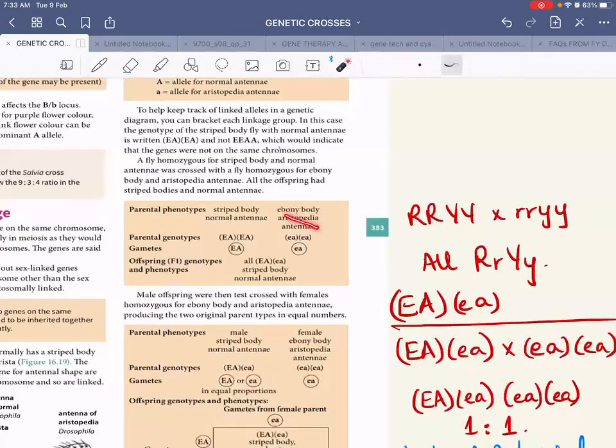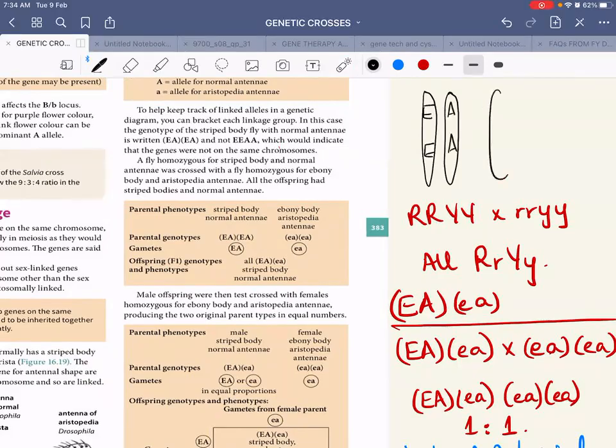And on the left hand side, you see the same cross between two pairs of contrasting characteristics. But here, instead of writing capital E, capital E, capital A, capital A, we have written capital E, capital A, and capital E, capital A, meaning that on one chromosome like this, if I draw a chromosome, and if I say that this is a pair of homologous chromosomes, instead of having these alleles like this, these alleles are found like this.